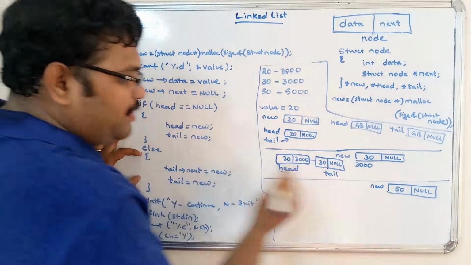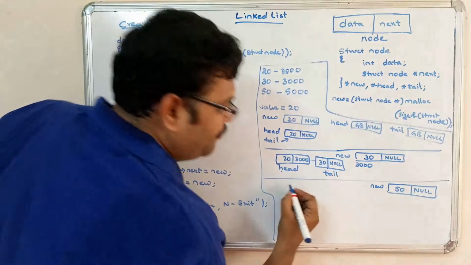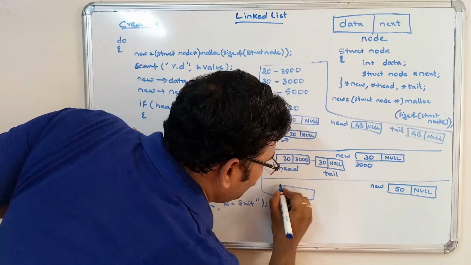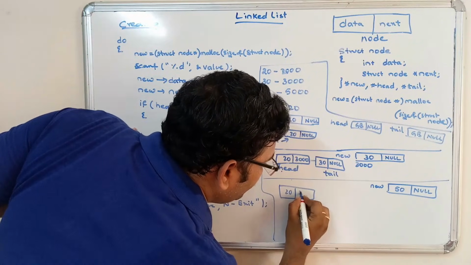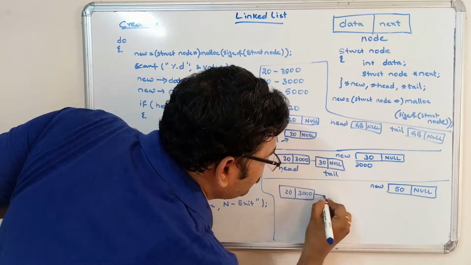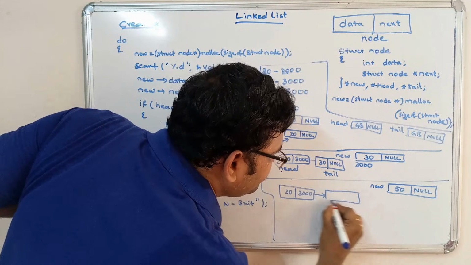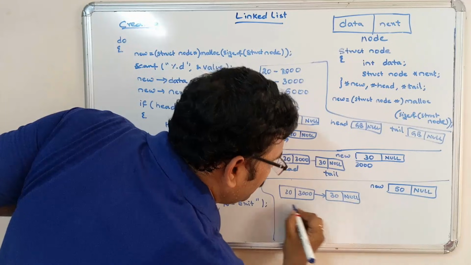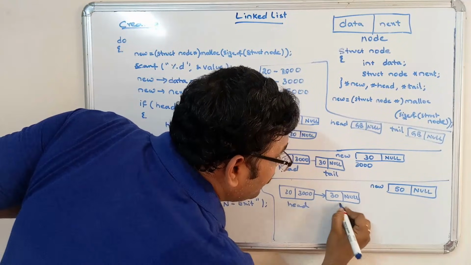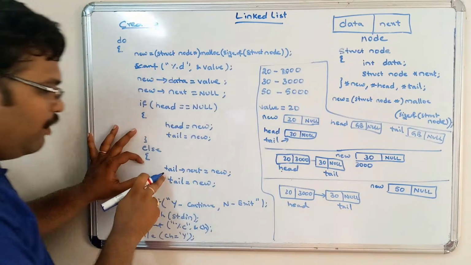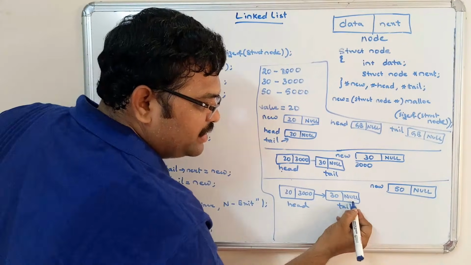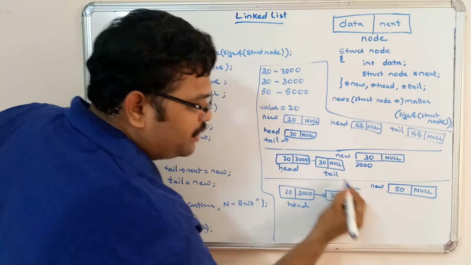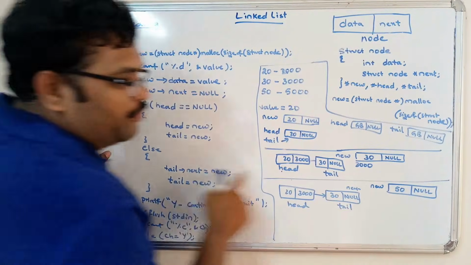Tail of next, here tail is 30. See, 20, 3000, 30, null. So this is the head, this is the tail. So tail of next is this field, this is the next field, is equal to new.